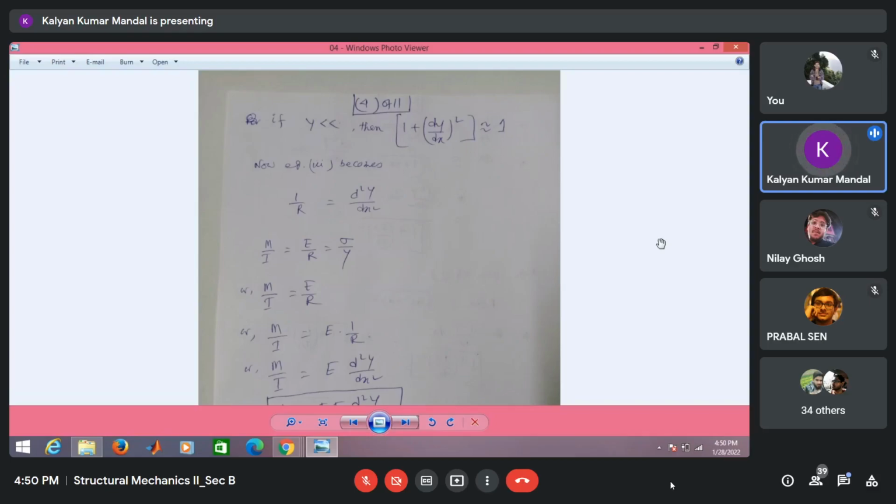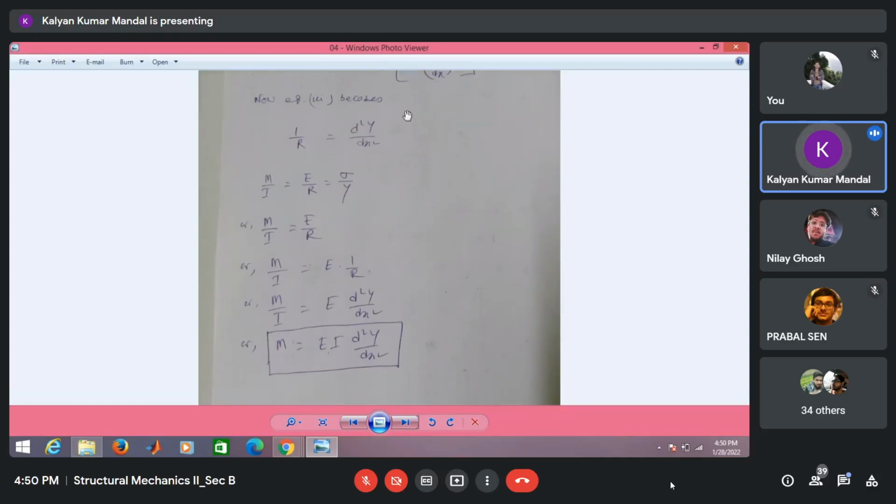If we assume the problem is a large deformation problem, then 1/R should be d2y/dx2 divided by (1 plus (dy/dx) squared) to the power 3/2. Now we simplify the equation of the curvature by assuming a small deformation problem. In most cases our problem is a small deformation problem, and that's why 1/R is equal to d2y/dx2.